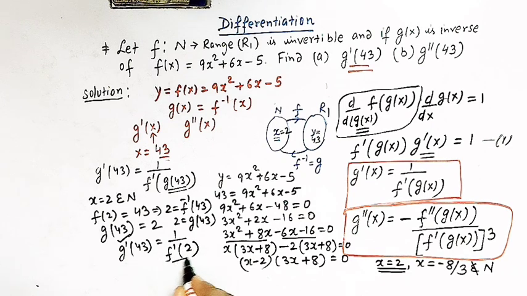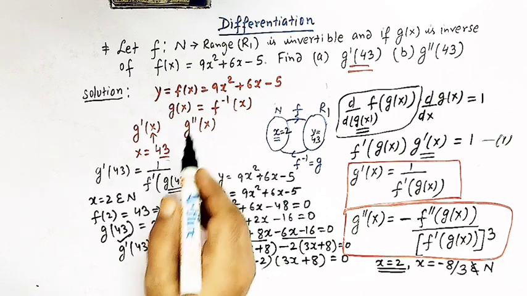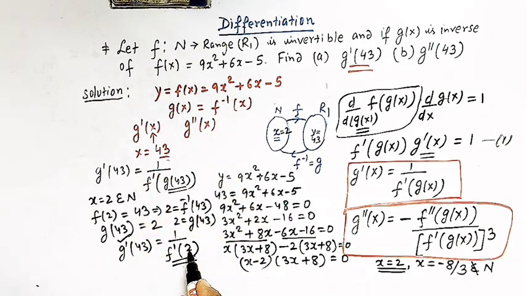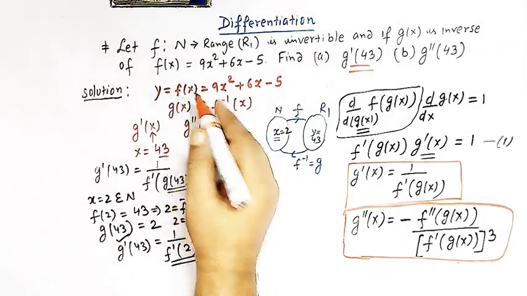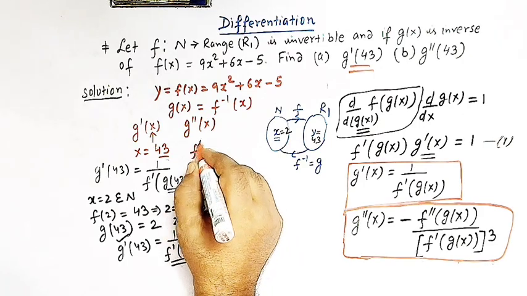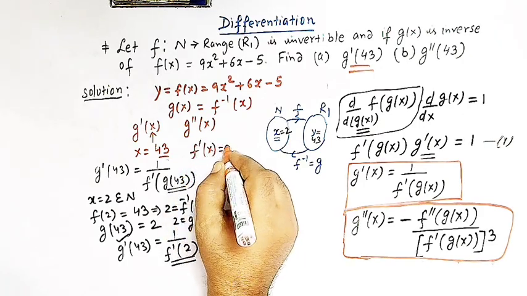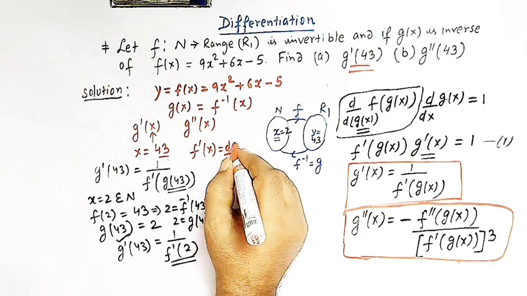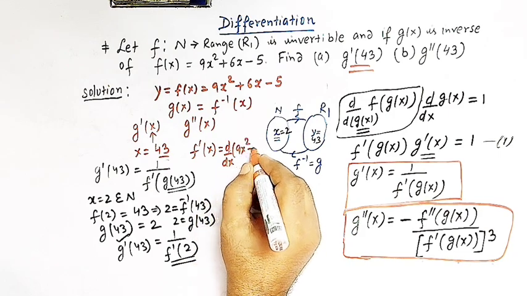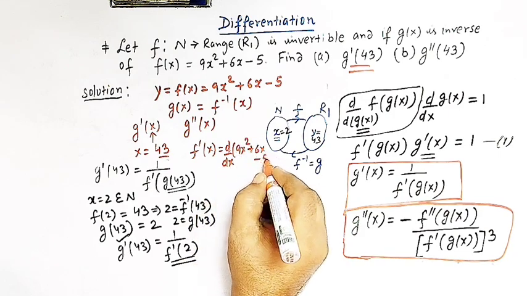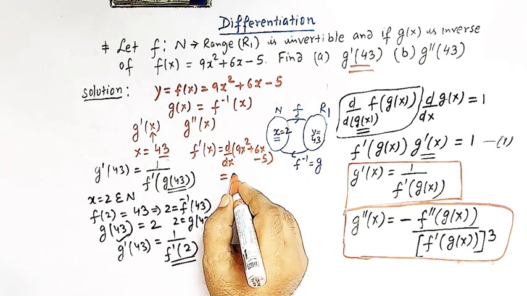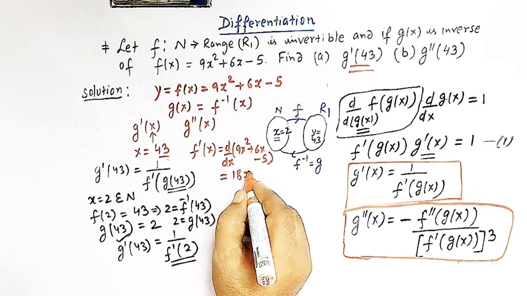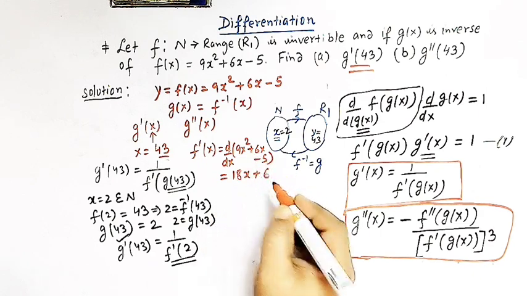So now we have to find the derivative of f at x = 2. So let us differentiate this function. We can write f′(x) as d/dx of 9x² + 6x − 5. The derivative of 9x² is 18x, and here we have simply 6.